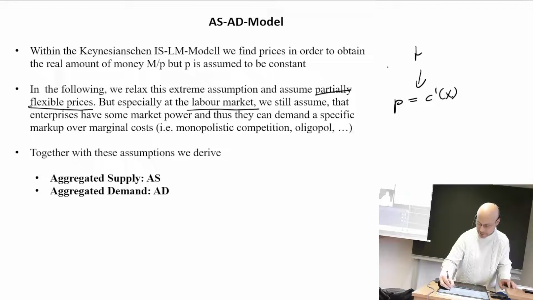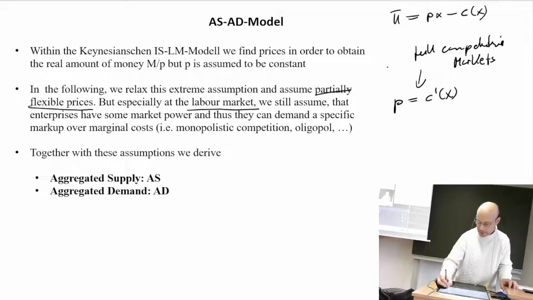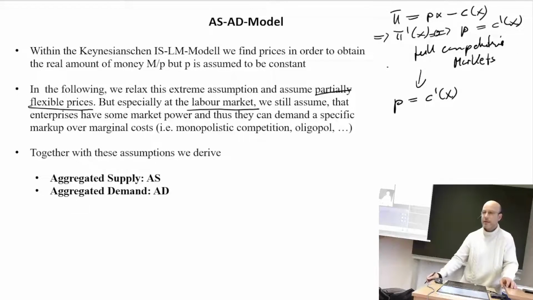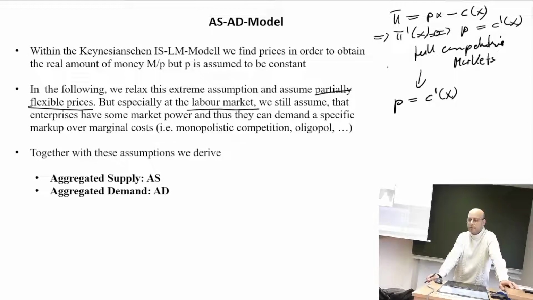This is in full competitive markets. This comes just from profits is revenue minus costs, and if you take the optimum derivative of profits, then equals 0, then this would mean P equals marginal costs, the first derivative of the cost function.